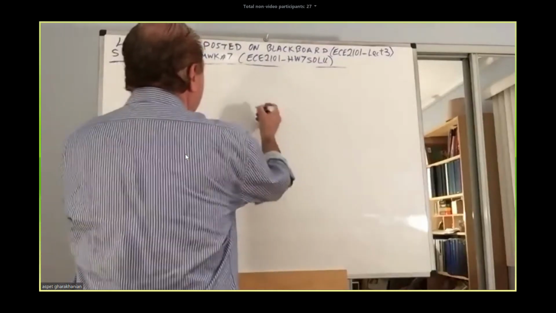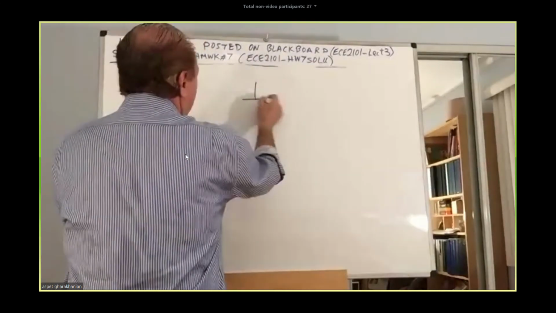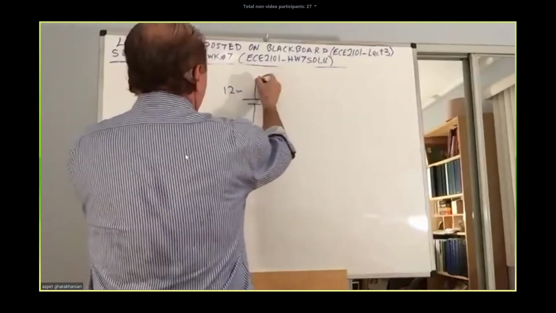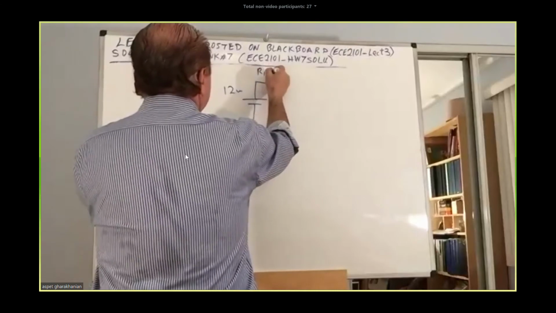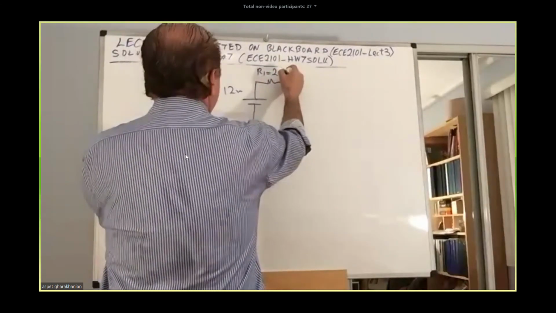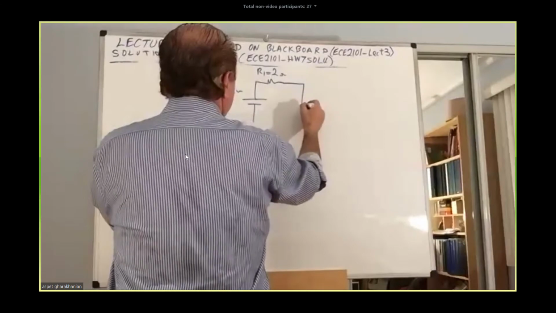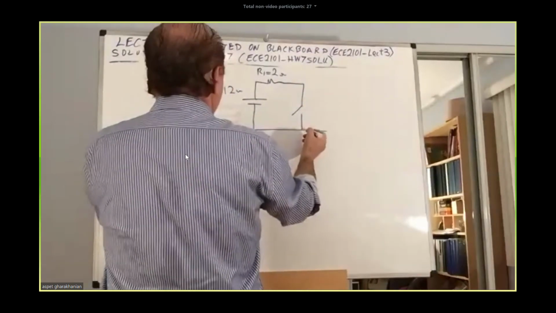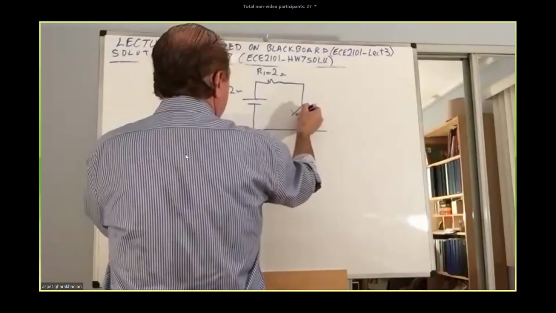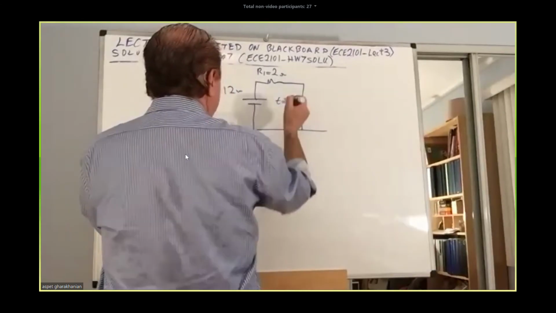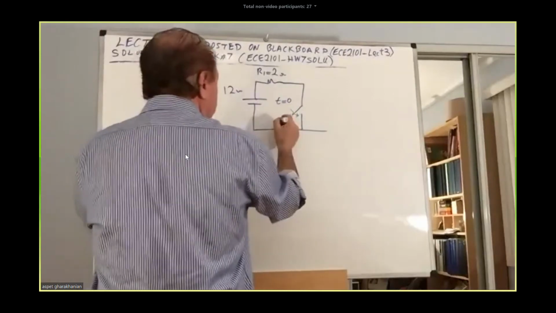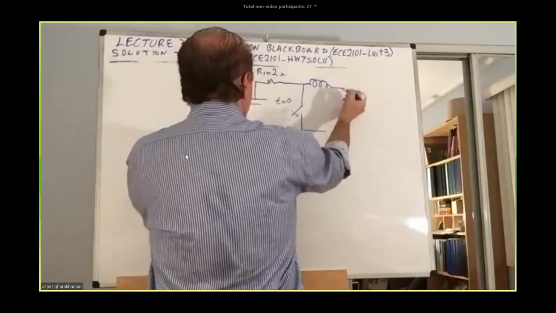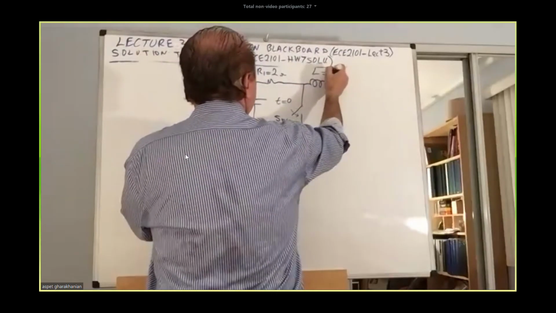So here is the problem. You have a 12 volt source, R1 equal to 2 ohm. There's a switch there. It's open initially, and then that switch will close at the time t equal to 0. You have inductor L equal to 4 Henry.